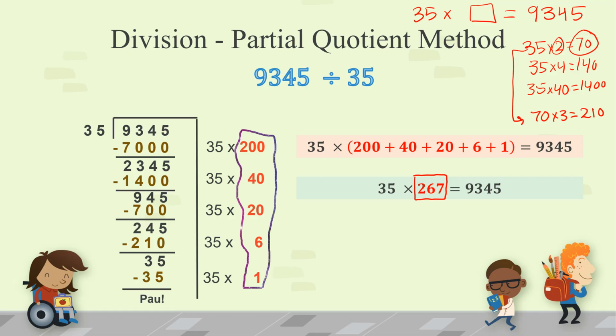And when I see the missing factor, I am saying that's the answer to the division problem. Therefore, by the virtue of that multiplication problem, 9,345 divided by 35 is 267. And that is that for division.